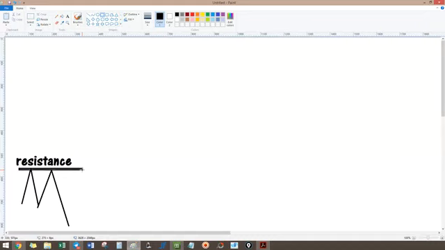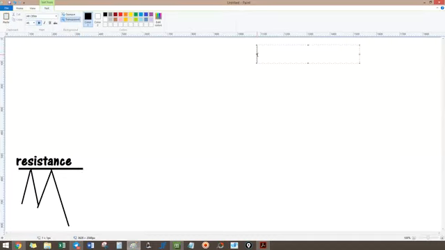So first we must know the definition of flat limit.